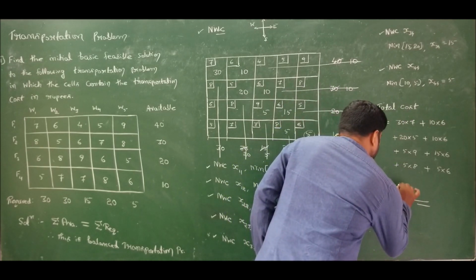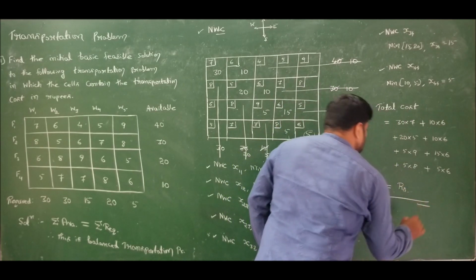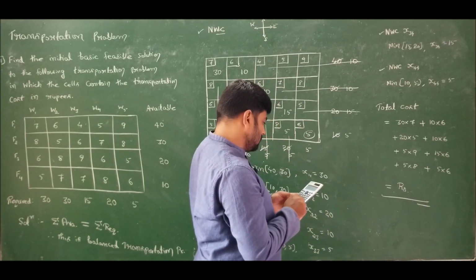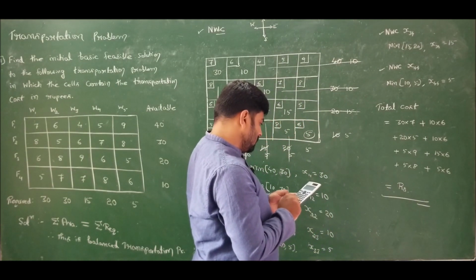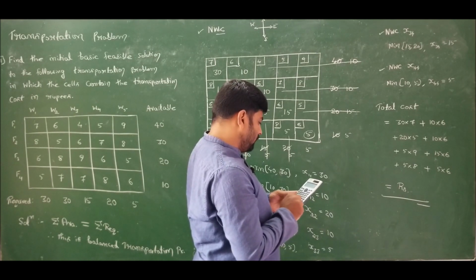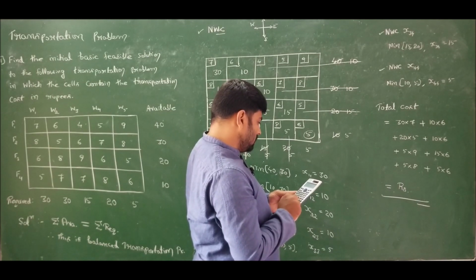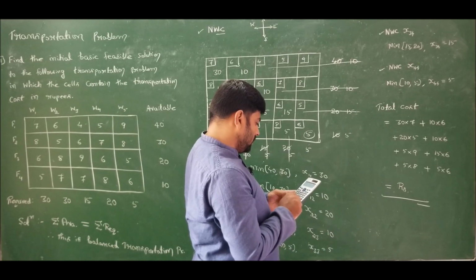so he is stating that the costs are in rupees, so therefore it is rupees 30 into 7 plus 10 into 6 plus 20 into 5 plus 10 into 6 plus 5 into 9 plus 15 into 6 plus 5 into 8 plus 5 into 6.